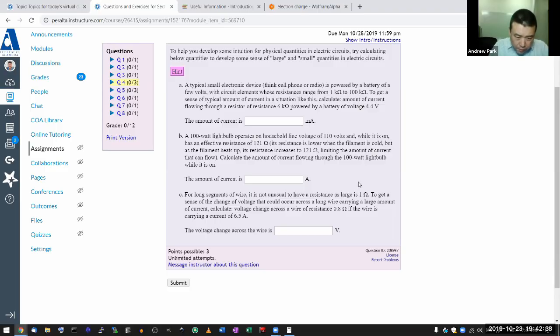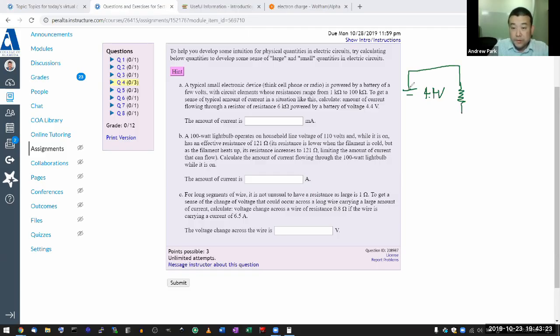I like to draw the physical setup even when I'm not really using it all that much. So I can think of it as being powered by a battery of a few volts. The question tells me it's going to be 4.4 volts. And the way we are modeling how much electricity is used by the small electronic device, I think I can model that with a resistor as a circuit element.